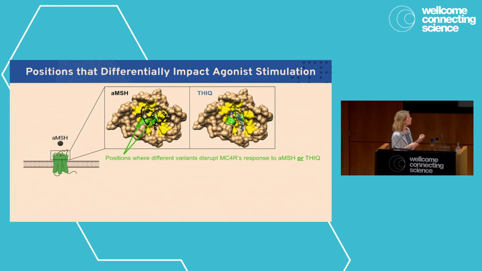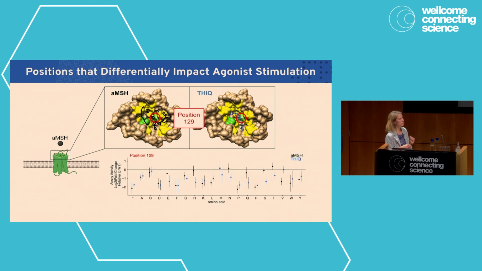And so to explain this in a little bit more detail, I'm going to focus on one particular position, which is residue 129, which is in green here, back behind the drug binding pocket. At this position, I'm now showing the data for just this position at the bottom with every possible amino acid substitution and the results of the effect of that variant on alpha MSH or THIQ stimulation. Zero again here is wild type.